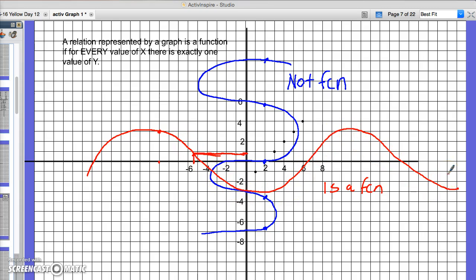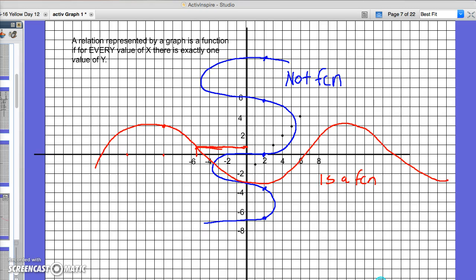Notice that the way to test for this is to check and see if for your x you have only one y. Hopefully you can see that if you pick an x and you look for the y, what you're really doing is drawing a very special line.